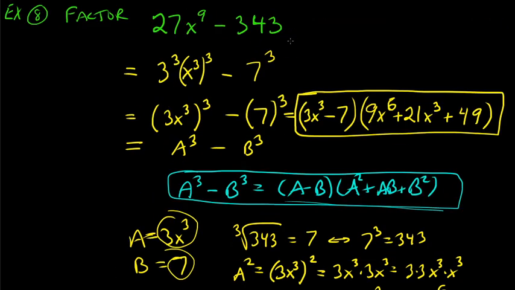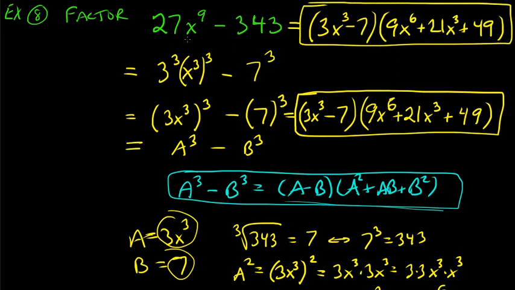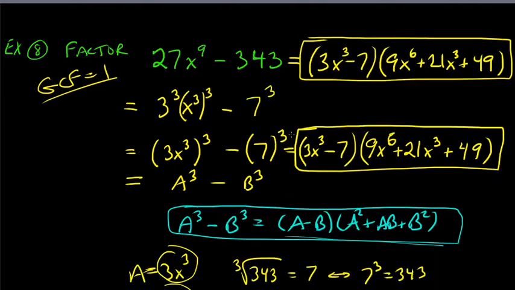You can check, multiply it out if you want, but 27x to the 9 minus 343 is 3x cubed minus 7 times 9x to the 6 plus 21x cubed plus 49. We skipped it, but the GCF is 1, so we didn't have to bother with that.